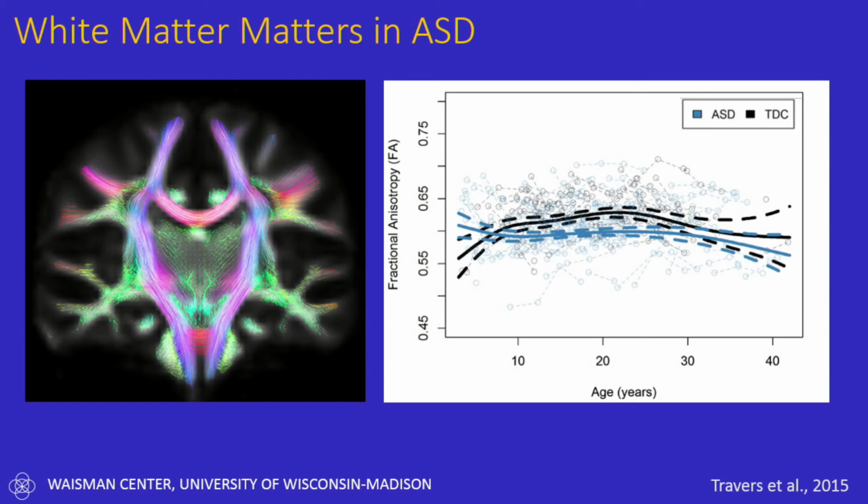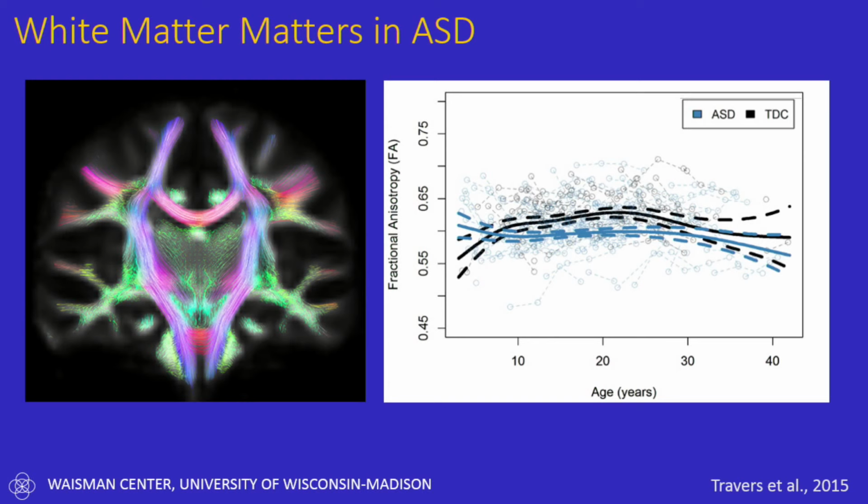And what we find is that across that lifespan, we do see these developmental differences with some of these different imaging measures. So for instance, on the x-axis I have plotted age, and on the y-axis is fractional anisotropy from one of the more important white matter regions, the corpus callosum. Here in blue are those with autism spectrum disorder, and in black are the typically developing controls.